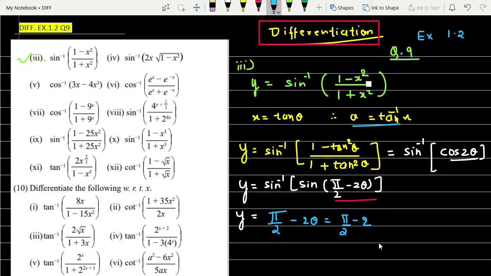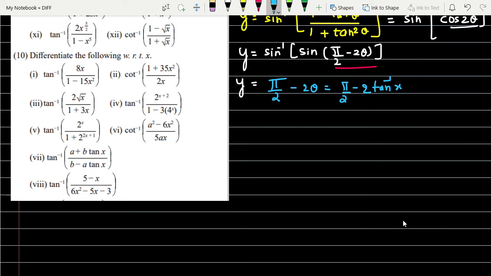So theta is equal to tan inverse of x, and y is equal to pi by 2 minus 2 times tan inverse of x. Differentiating with respect to x, dy by dx is equal to the derivative of pi by 2, which is 0, minus 2 times the derivative of tan inverse of x, which is 1 upon (1 plus x square).